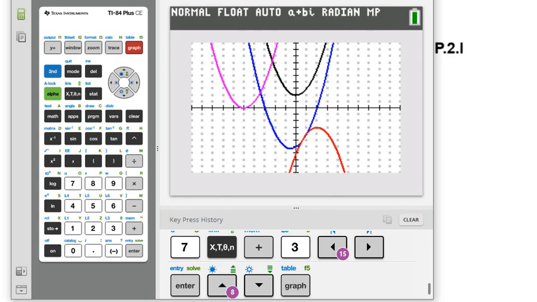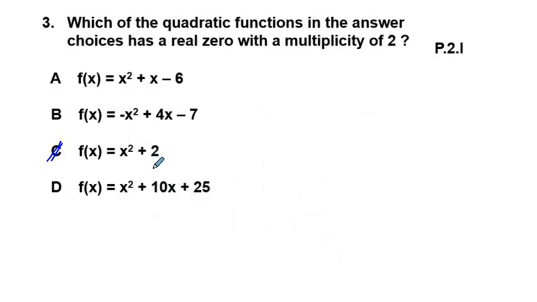Therefore, your correct answer choice for this one is D.